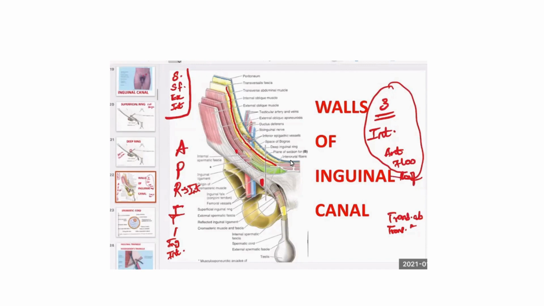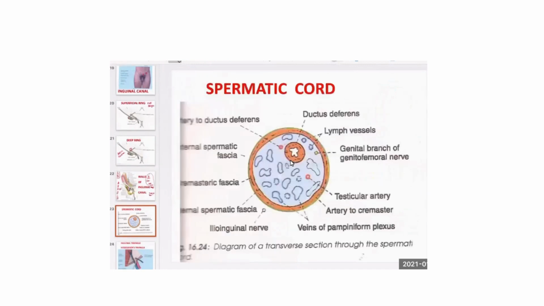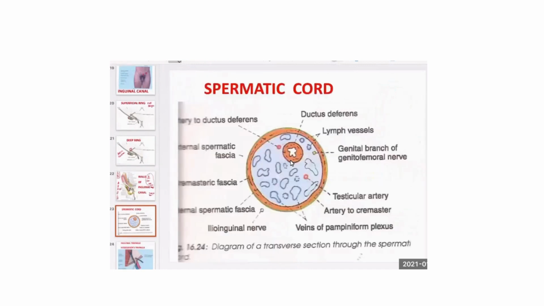So what would be the content of the inguinal canal? Spermatic cord in male and round ligament in female. Round ligament is a ligament of the uterus which is holding the uterus in position. So spermatic cord is the content of inguinal canal in male. In female it is round ligament.